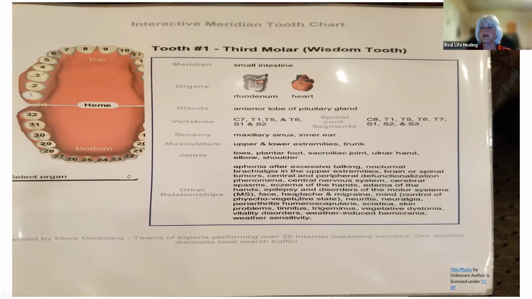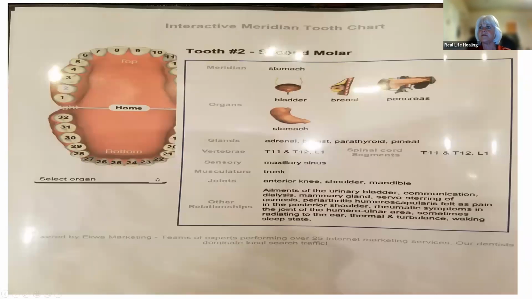And there's so much more information here. Let's go through these quickly. So with 2, you can see again the vertebrae, the glands, the organs. Here it is, your anterior knee, your shoulder.